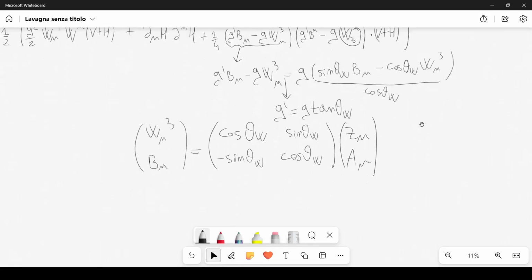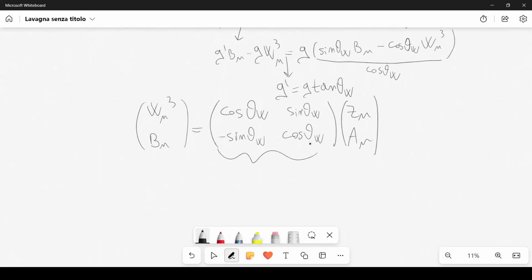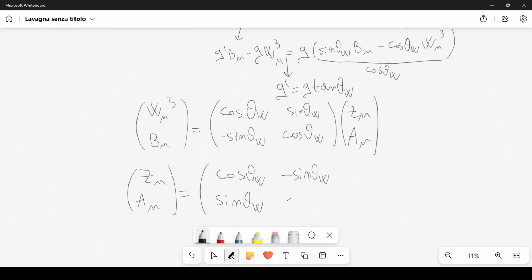Or if you want, if you invert this matrix, you can write Z mu, A mu as another matrix: cosine of theta W, minus the sine of theta W, sine of theta W, cosine of theta W. So this matrix here is equal to the inverse of this, which is also equal to the transpose of this matrix. So this is a unitary matrix, and in particular it is an orthogonal matrix in this case.